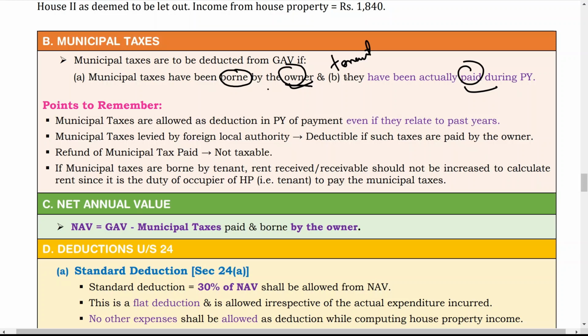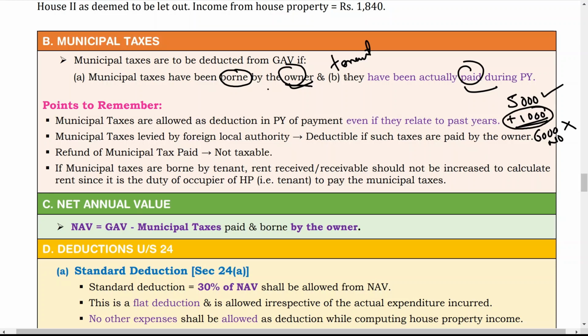Let us say 5,000 is the rent that is charged to the tenant, but now let us say 1,000 is also paid by the tenant as a municipal tax. So now whether the rent of that tenant will be considered as 6,000, the answer is no. Rent is only 5,000, because to pay 1,000 is the obligation of the tenant.